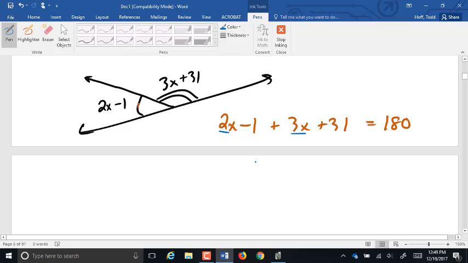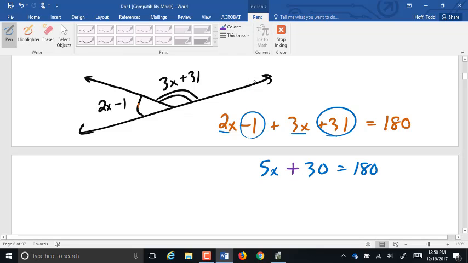I can combine the 2x and the 3x to make 5x. Negative 1 and positive 31 to make 30. And now I can solve my equation. What am I going to do first? Positive 30, by the way.